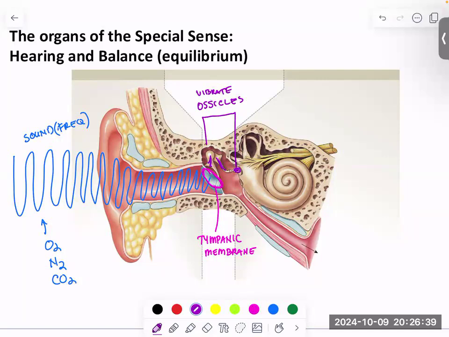The ossicles vibrate. And what the ossicles are going to do is they're going to vibrate and send waves of fluid through this structure. This snail shell is called the cochlea. Hey, look at that. Vestibular cochlear nerve. The cochlea detects sound.